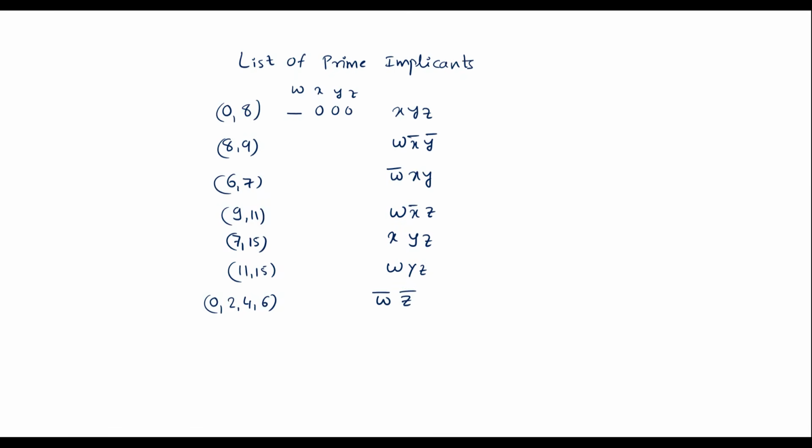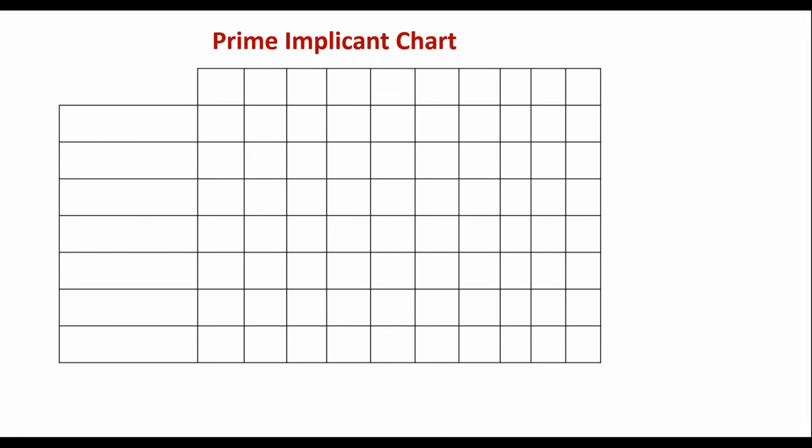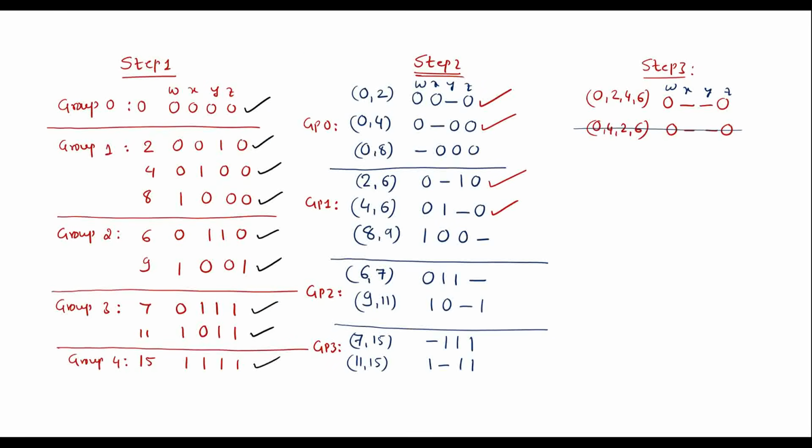In the Quine-McCluskey method, the next step is to write the prime implicant table. In the prime implicant table, first write down all the min terms.